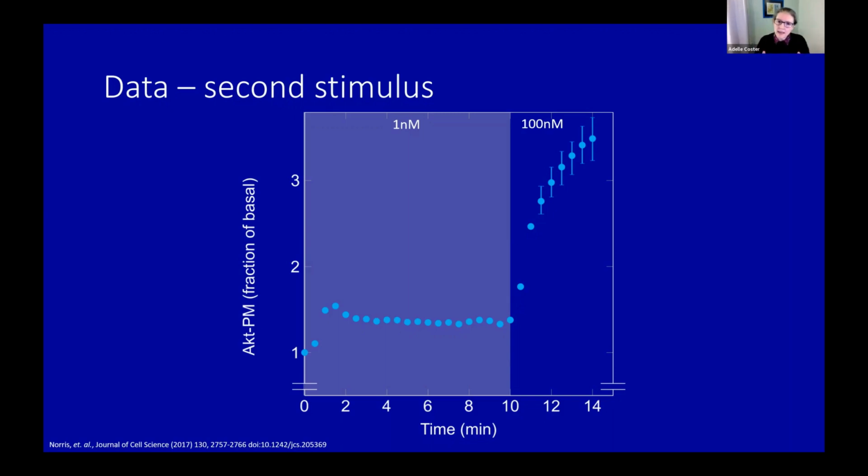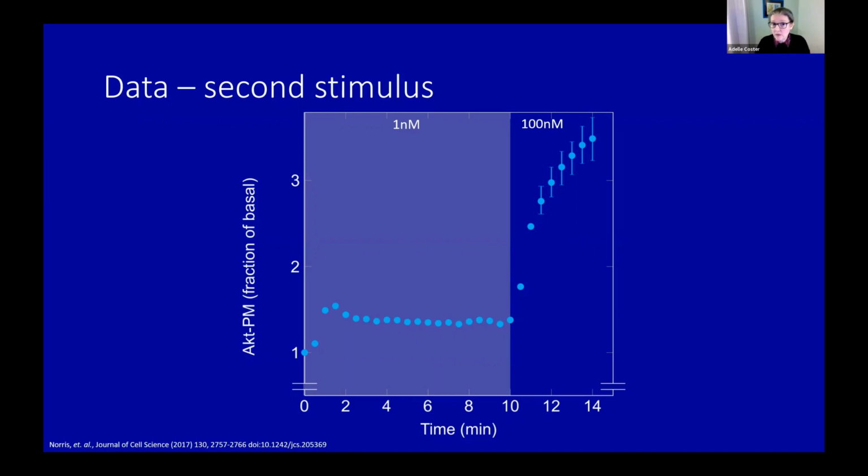How can we think about this in terms of our model? Initially, we said, okay, we can just say we're going to increase the rate at which we release the AKT from the primed pool to the plasma membrane in order to actually get that response that we saw with the 1 nanomolar insulin.